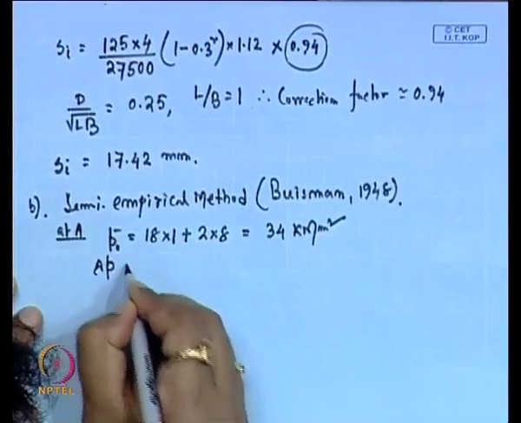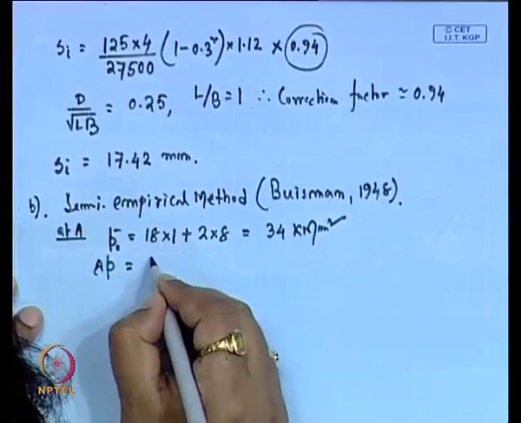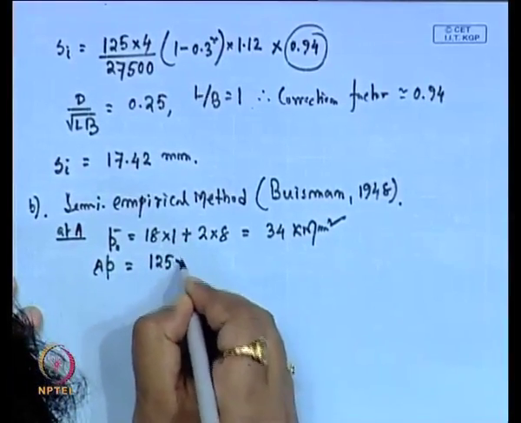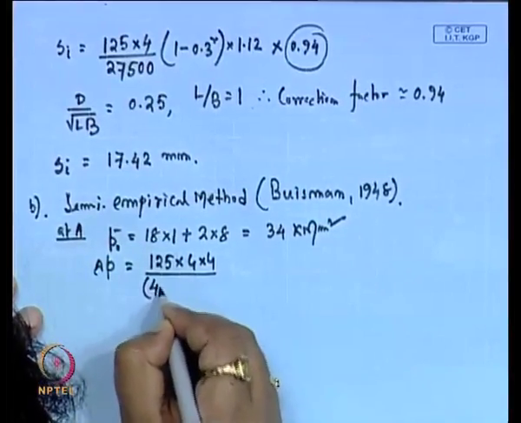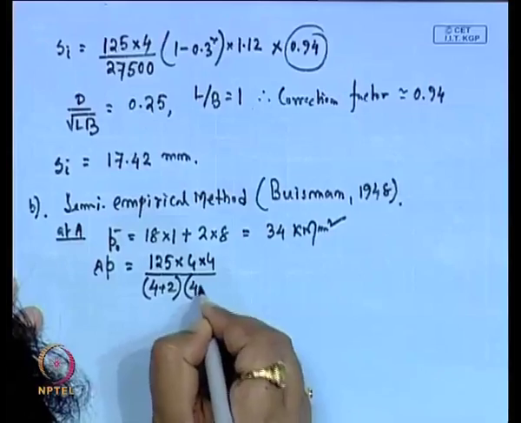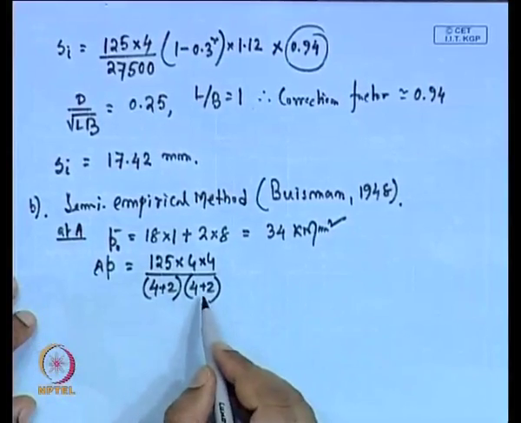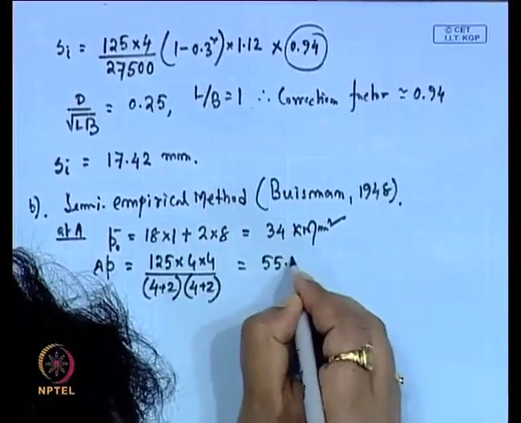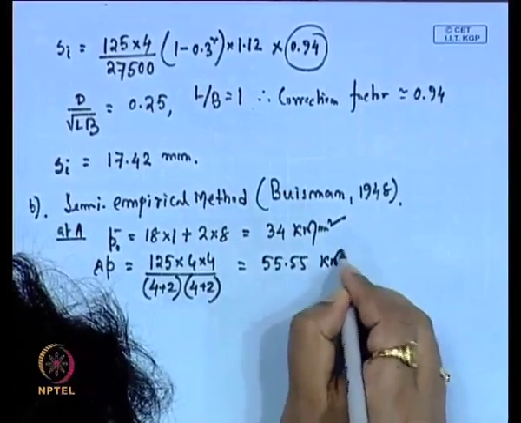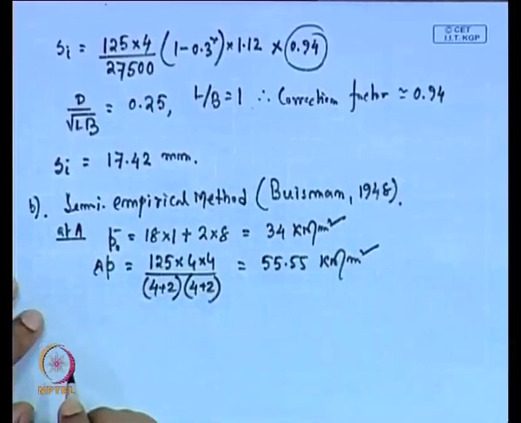Now, del P, if I consider 1:2 distribution, del P will be 125 into 4 into 4 divided by (4 plus 2) into (4 plus 2), because we have considered 1:2 distribution. So, this is coming 55.55 kilonewton per meter square.